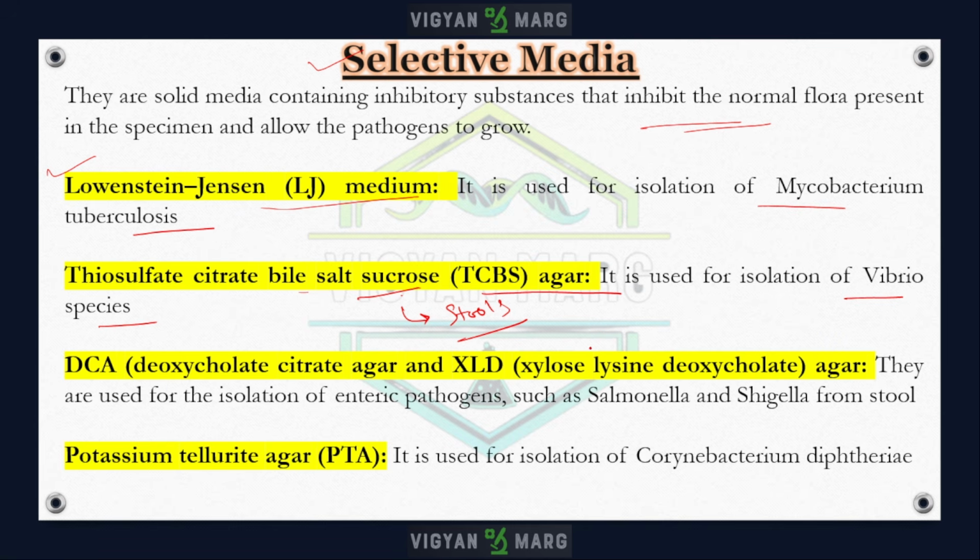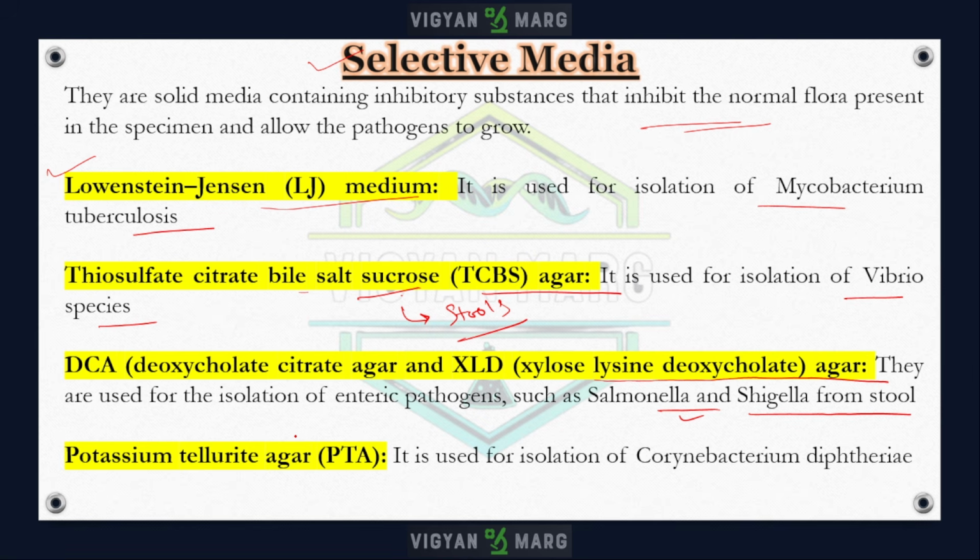Another is deoxycholate citrate agar or xylose lysine deoxycholate agar, both used for enteric pathogens like Salmonella and Shigella from stool samples, where bile salts and dyes suppress the normal gut flora while allowing the pathogens to grow.